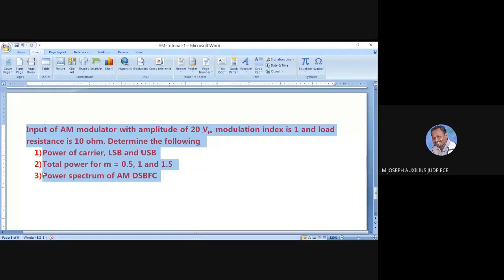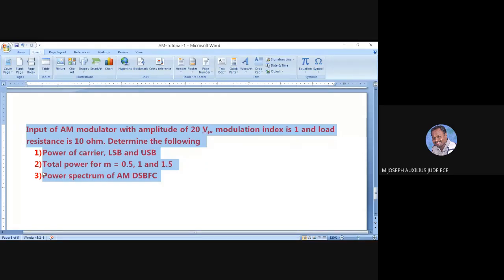In this problem, they have given the amplitude of your AM as 20 V peak to peak. Modulation index is 1. Then the carrier amplitude. Then you have a resistance of 10 ohm. You substitute these values in the formula.